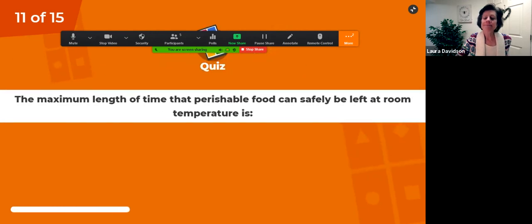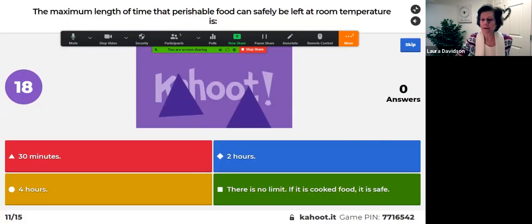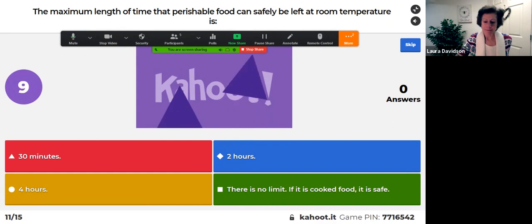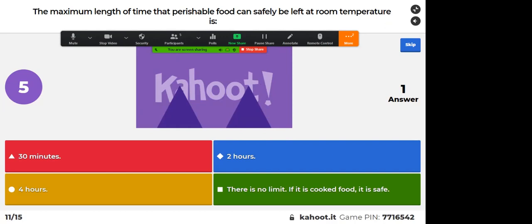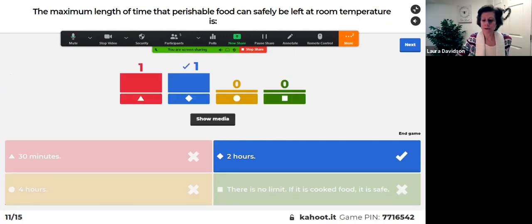And we didn't talk food safety, but what's the maximum time that perishable food can be left at room temperature? No more than how much? It's a guesswork, I guess. Okay, 2 hours is correct. No more than 2 hours.